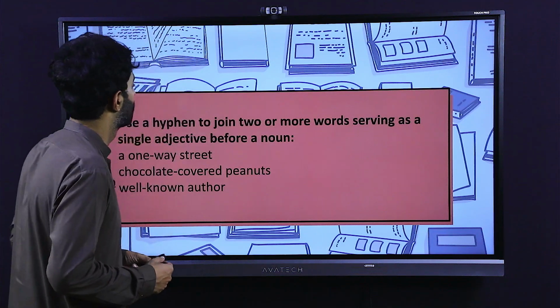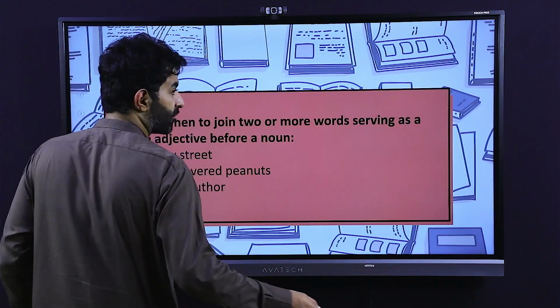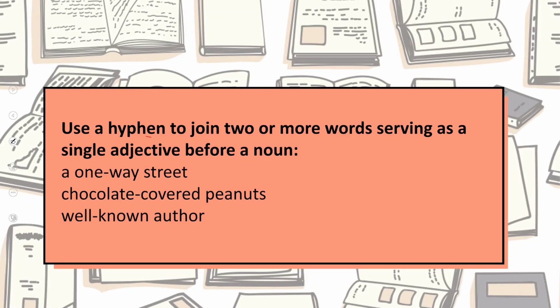Now, we also use hyphens to join two or more words serving as a single adjective before a noun. A one-way street, chocolate-covered peanuts, well-known author. Again, we are talking about compound adjectives.